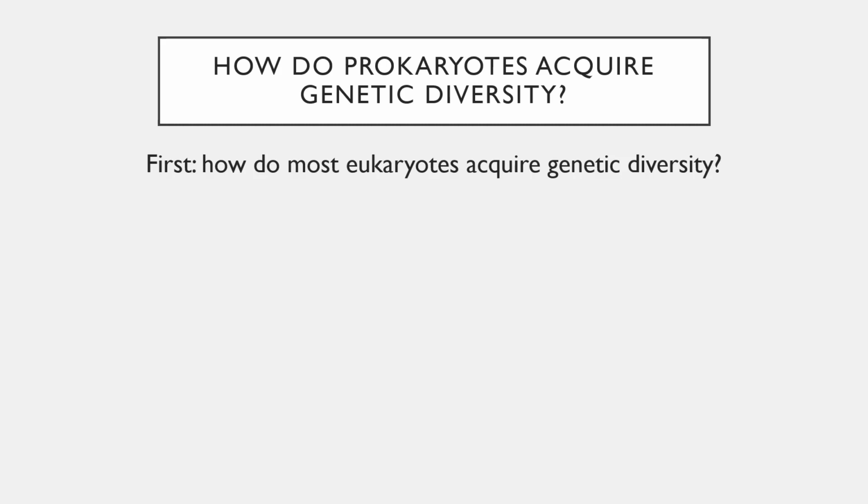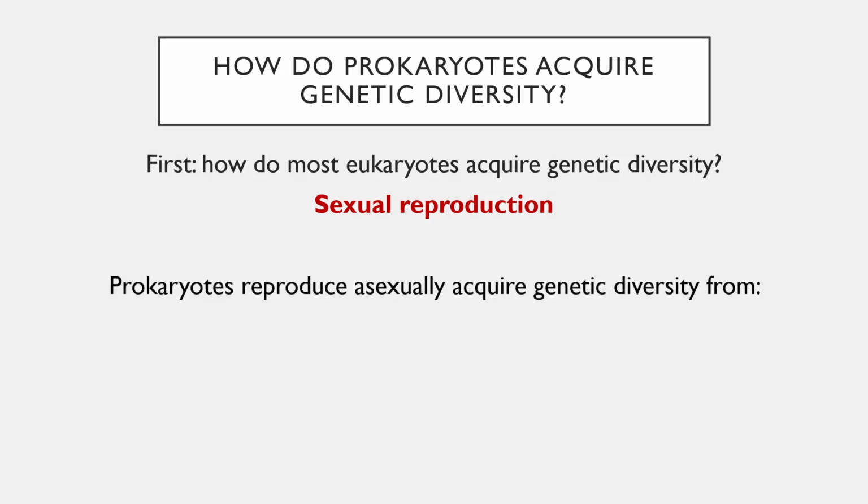This is not an issue in eukaryotic organisms because eukaryotic organisms often reproduce sexually. Sexual reproduction takes the genetic information of two partners and mixes it and combines it in new ways, which generates diverse outcomes. However, prokaryotes, as we've learned, reproduce asexually by cloning themselves through the process known as binary fission.